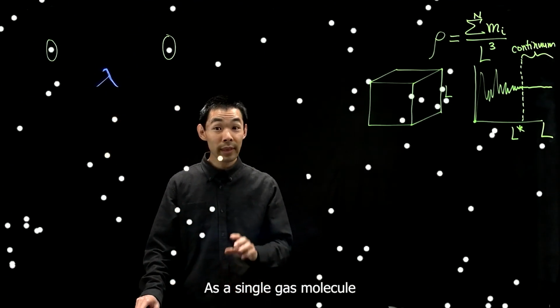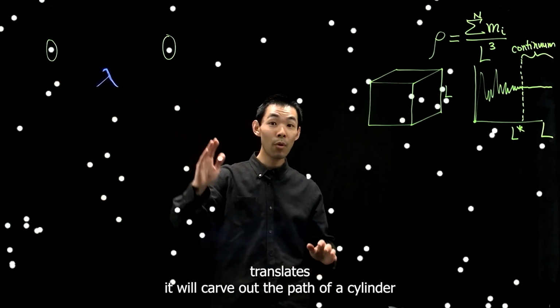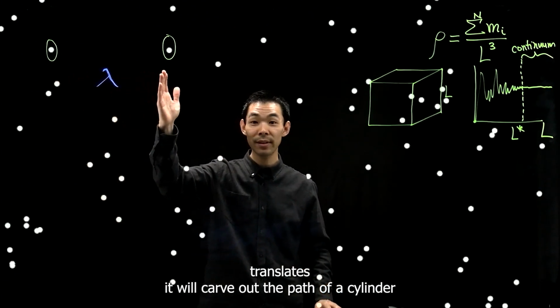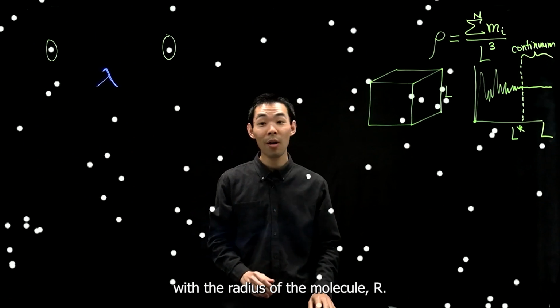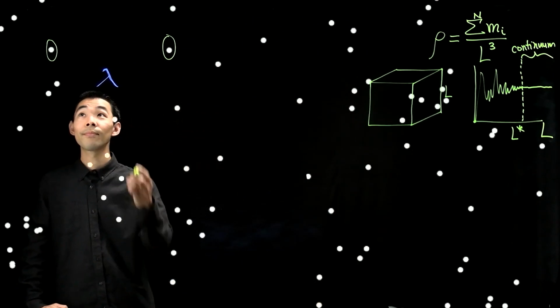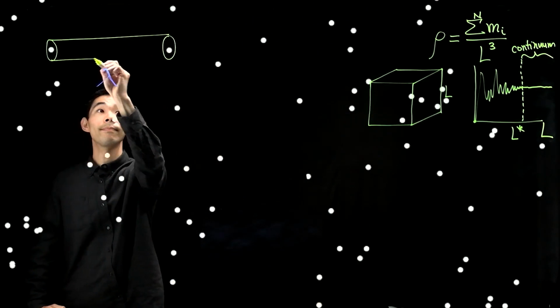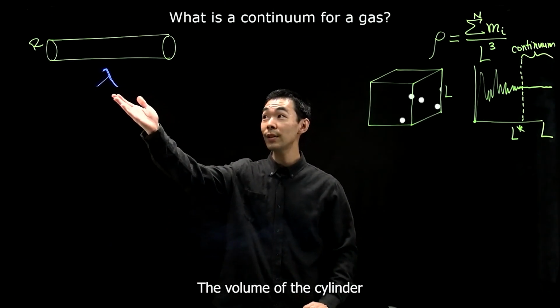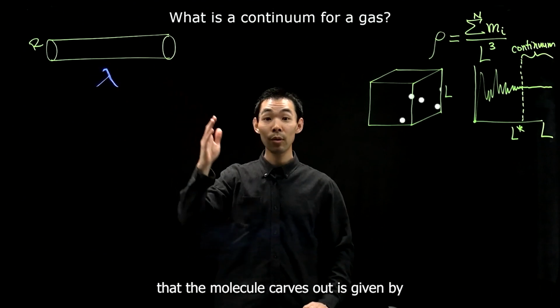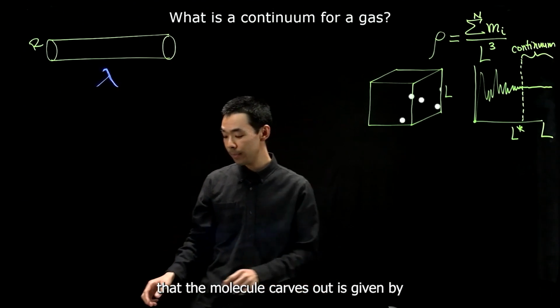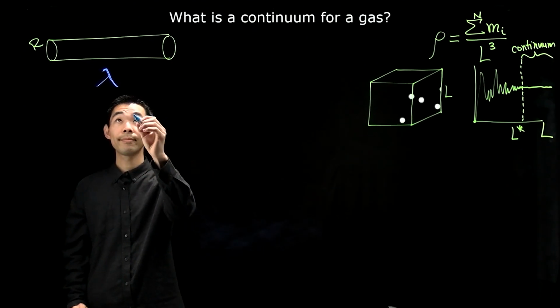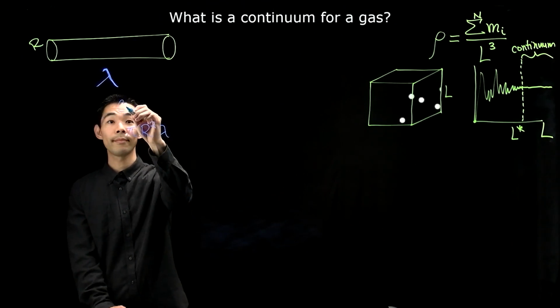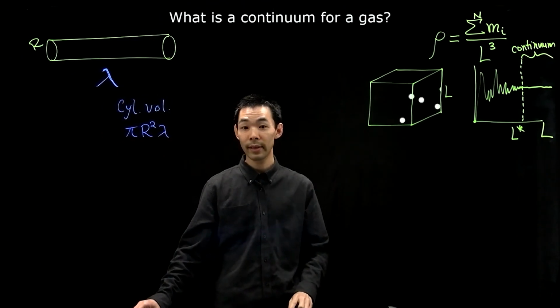As a single gas molecule translates, it will carve out the path of a cylinder with the radius of the molecule r. The volume of the cylinder that the molecule carves out is given by just like that.